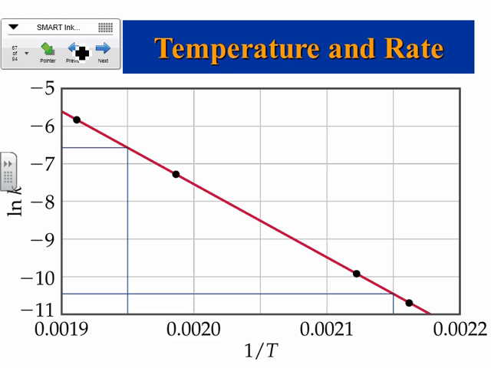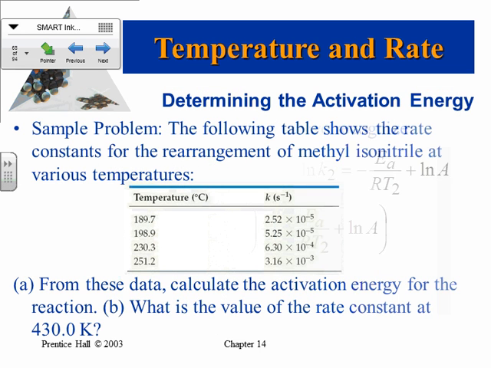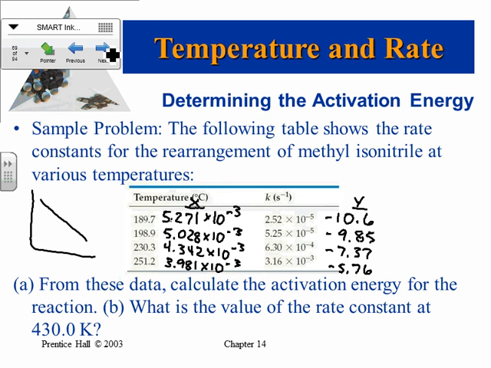Then what you'd have to do is pick a couple points on that line, which they've already sort of demonstrated. Here, let's pick this one, and let's pick this one, okay? Then you've got 2 x points, 2 y points, and you can use rise over run, your y2 minus y1 over x2 minus x1, to find your slope, okay? Now, once you find the slope, that is not your answer, okay?